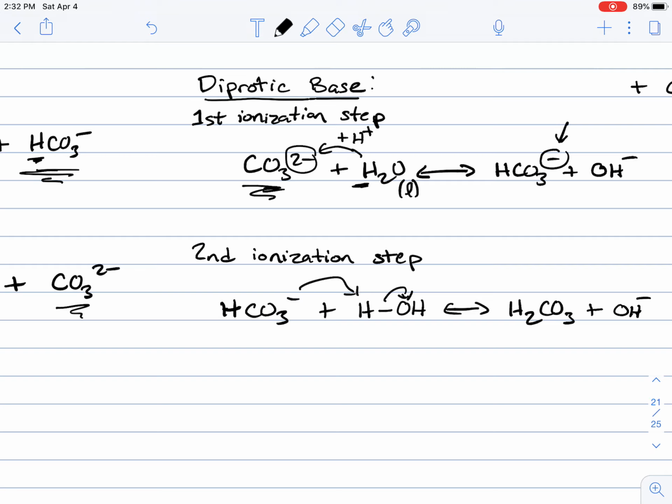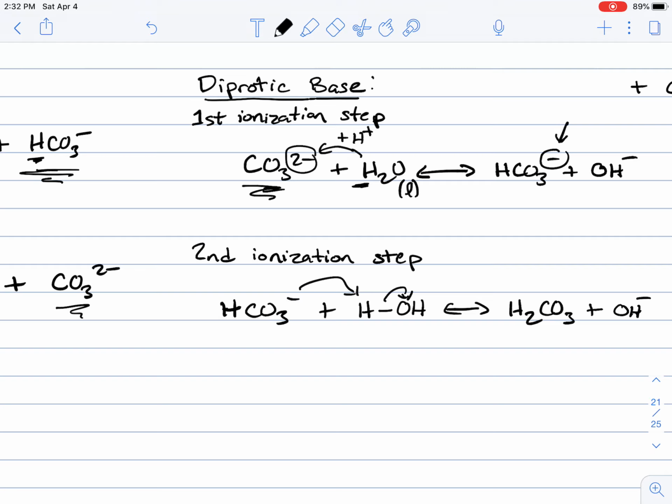And if you take a look at these two chemical equations, we're going to disregard the H plus and the OH minus for now, just because it's not going to drive the point home.